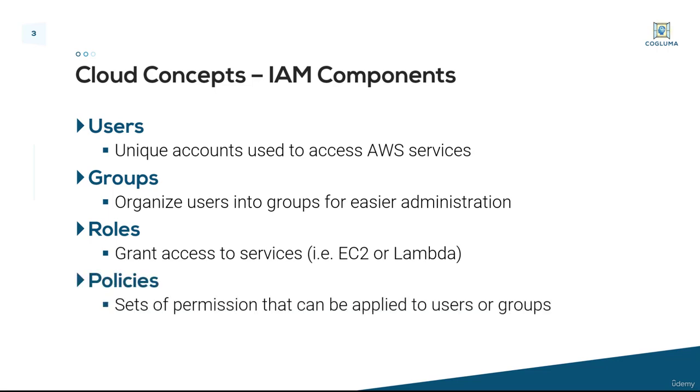All right, and then last we have policies. So policies are the documents or the sets of rules themselves that get applied to either the users or groups, and that's what gives those users or groups permissions. So we're going to be learning about all of these coming up. Don't be too worried if they don't make sense to you now. We're going to be creating them and then using them throughout the course.